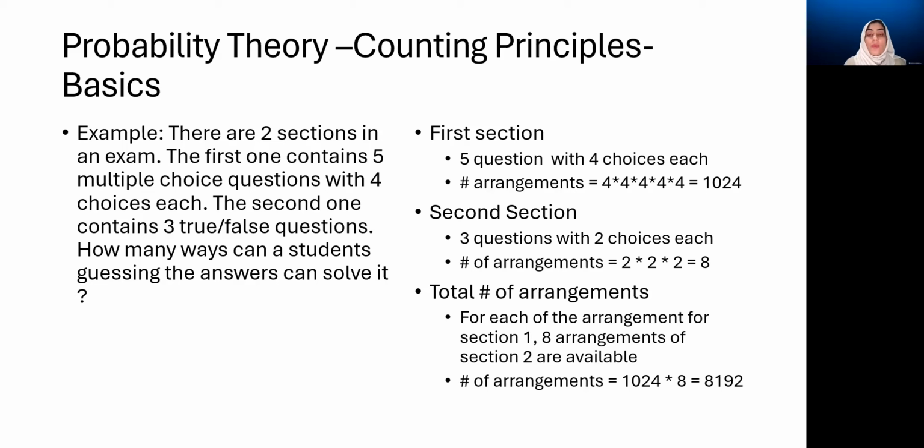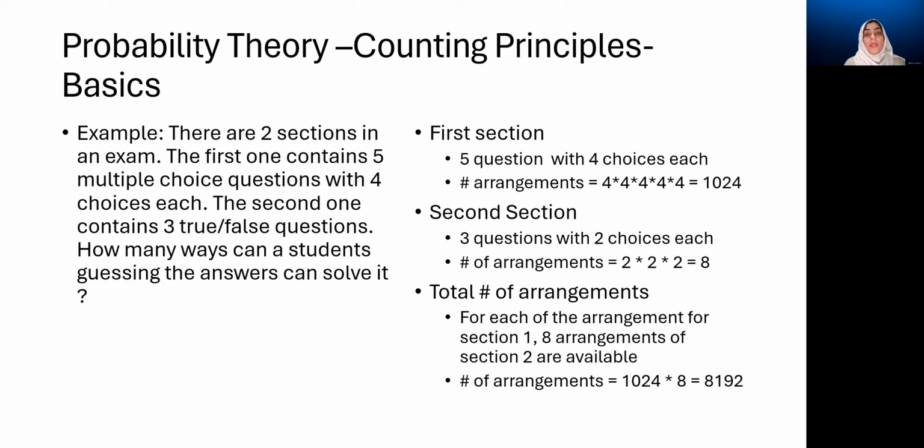For the second part, where we have only 3 questions and only 2 choices for each of these questions, using the same logic, the number of arrangements is going to be 2 into 2 into 2, which is 8. Now, to count the total number of arrangements, for each arrangement for section 1, there are 8 arrangements available for section 2.